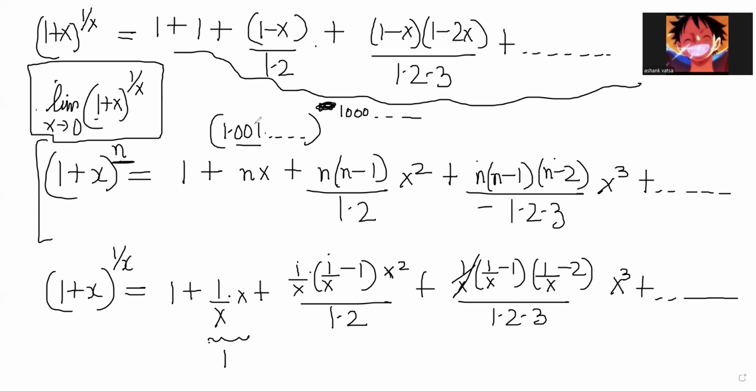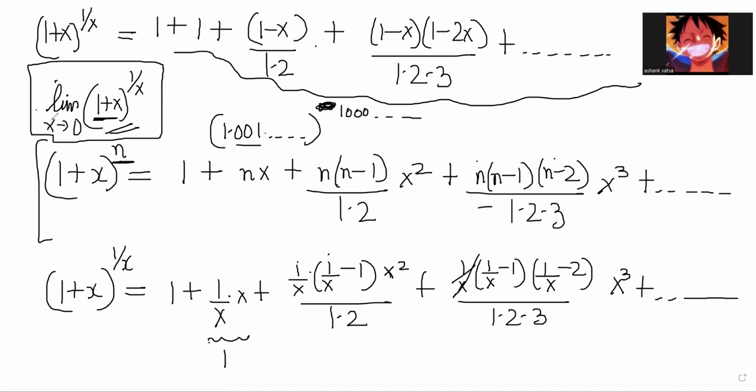So you understand that this limit will not be equal to 1, because it would have been equal to 1 if x was exactly 0, right? If x was exactly 0, then the inside term is 1 and 1 power anything is 1 only. But limit is x tends to 0.